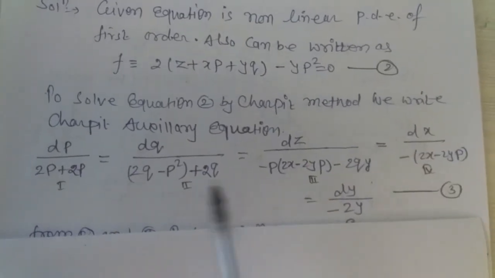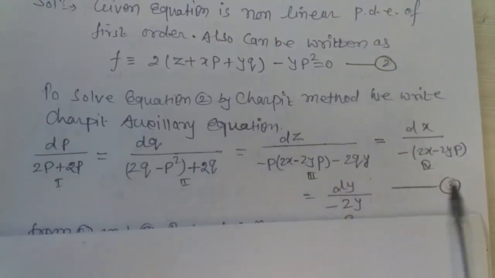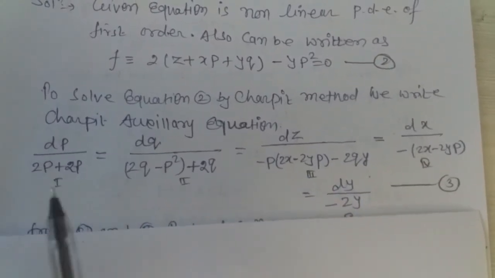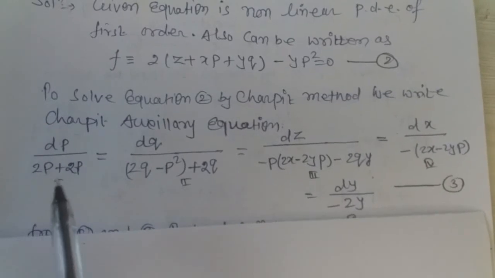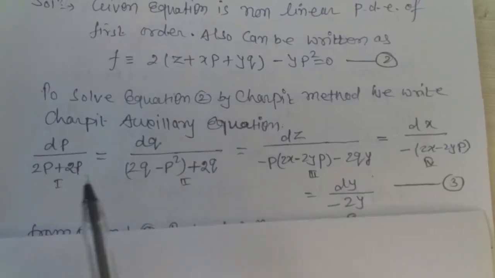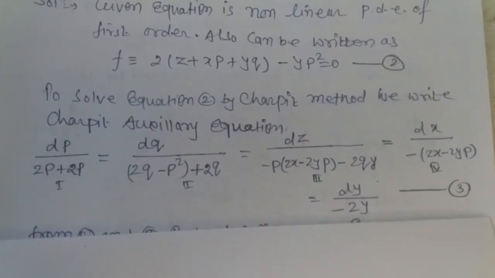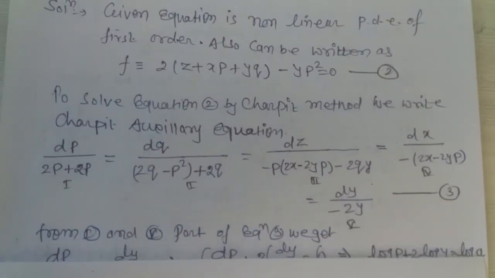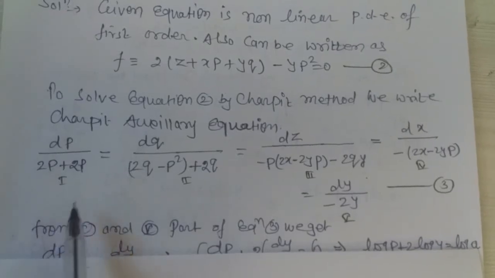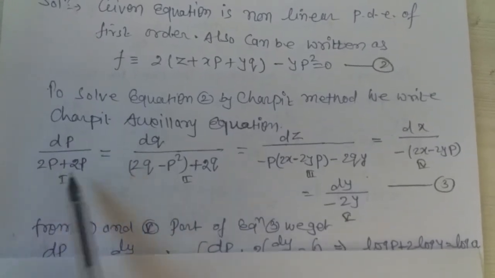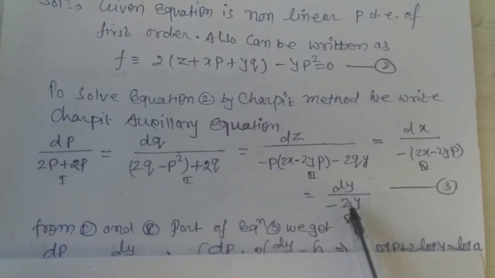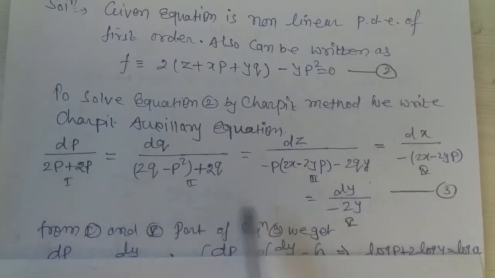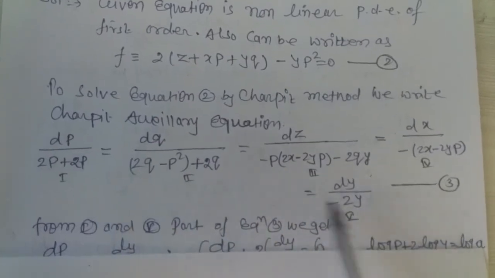Now we select two parts from these 5 parts and integrate. We select carefully two parts in which variables are separated or can be separated. So if we look at the first part, which is dp upon 4p, and the fifth part, which is dy upon minus 2y, in the first and fifth parts the variables are separated.